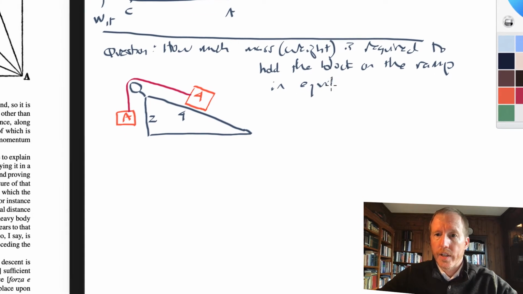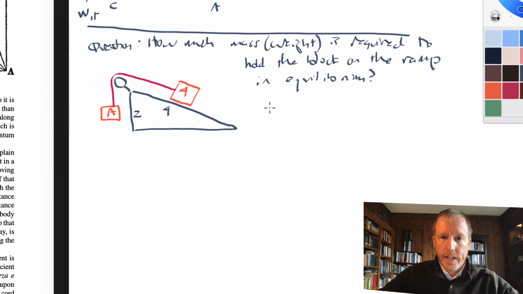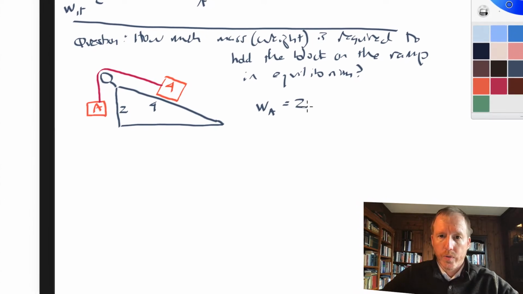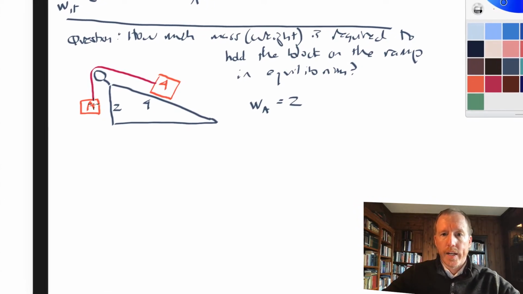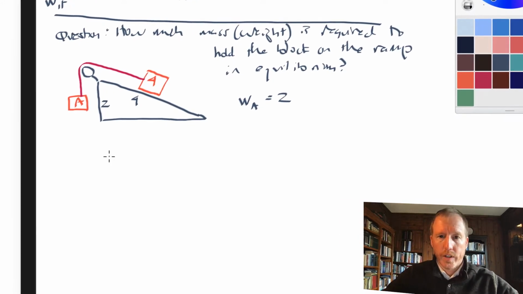That is, so that it does not slide down the ramp. And the answer in this case, the weight of block A, as you probably guessed, would be 2. So the ratio of 4 to weight A is the same as the ratio of those lengths right there, 4 and 2. Okay, let's do another one. That was pretty easy.